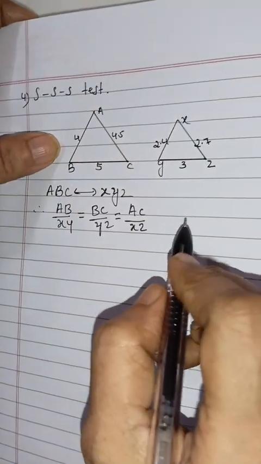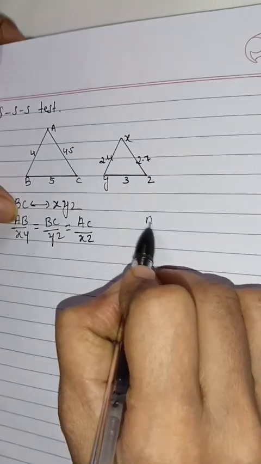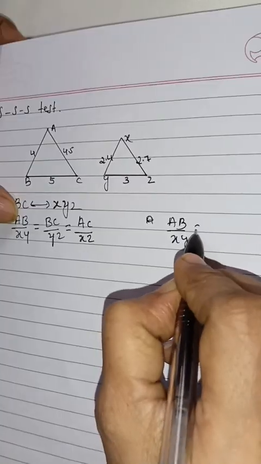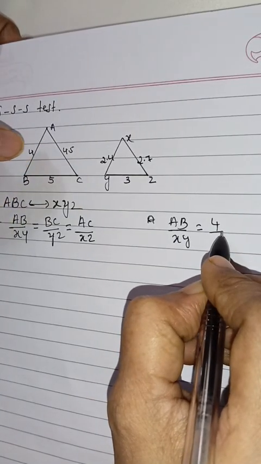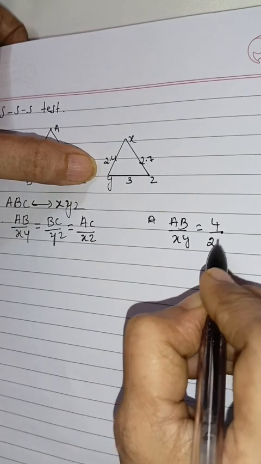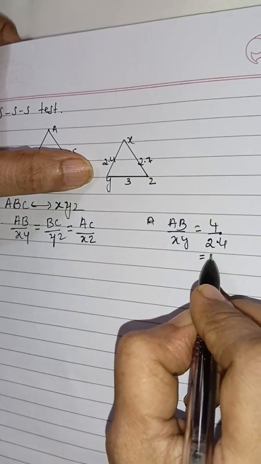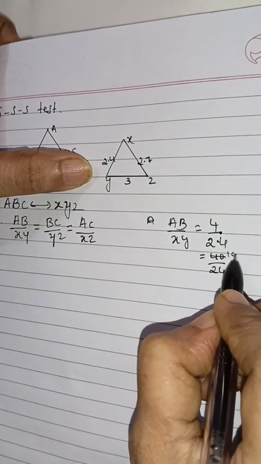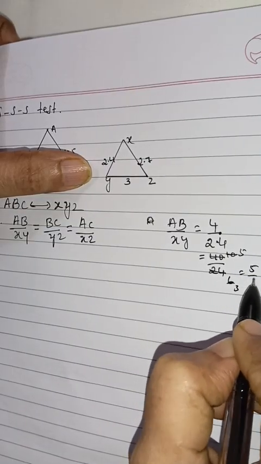So AB by XY: AB is 4, XY is 2.4. Decimal point has to go, so multiplying by 10, this becomes 40 and this becomes 24. So 5 by 3.